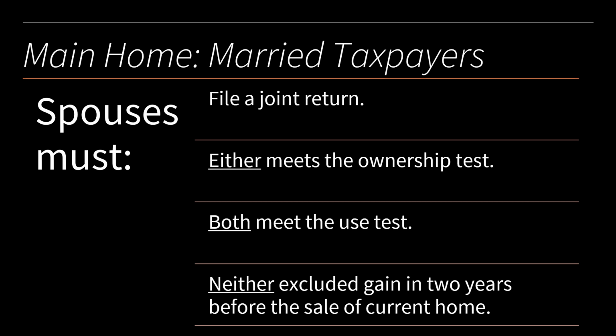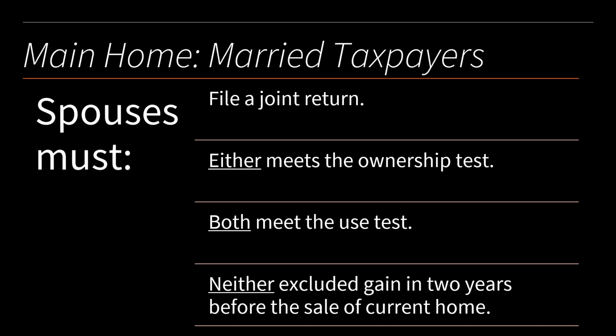They both have to have used that home as a main home in at least 2 of the last 5 years. And neither of them can have excluded a gain from the sale of a home in the 2 years prior to the sale of this home.